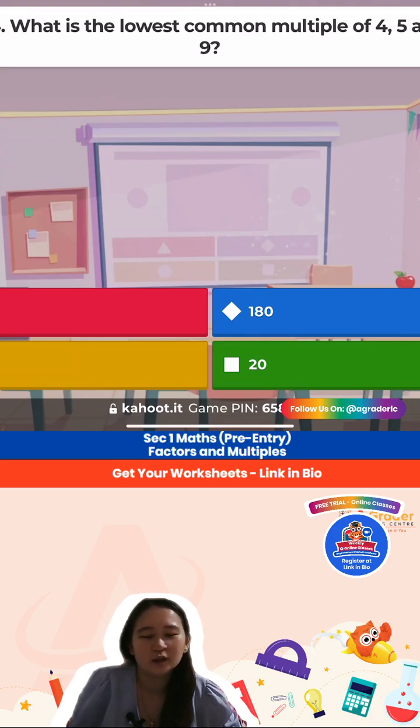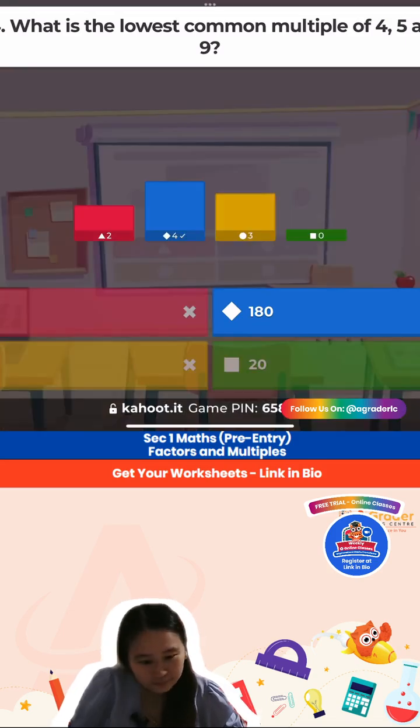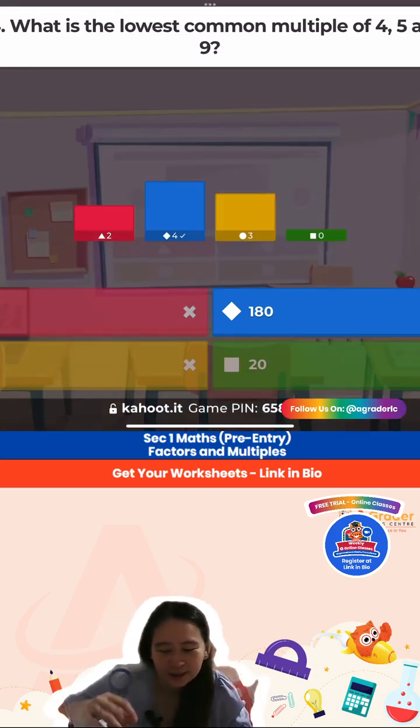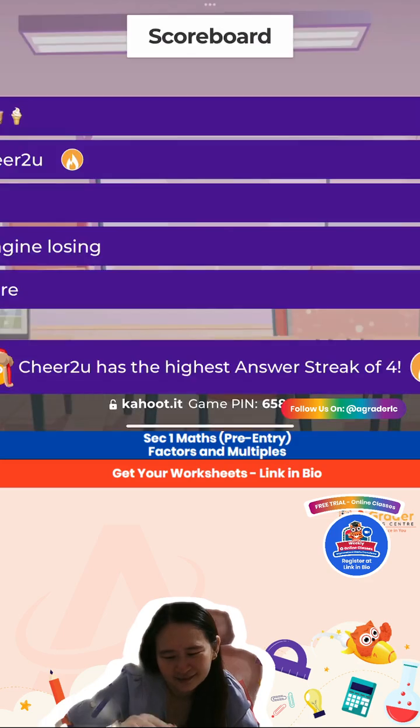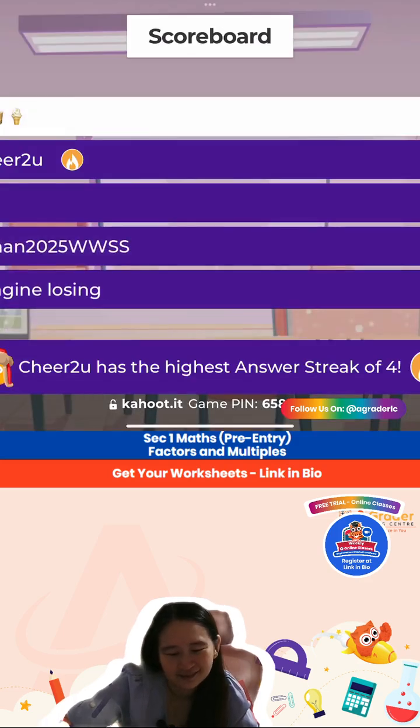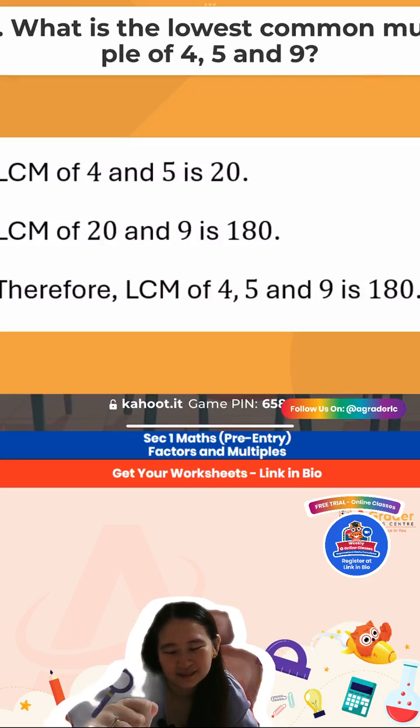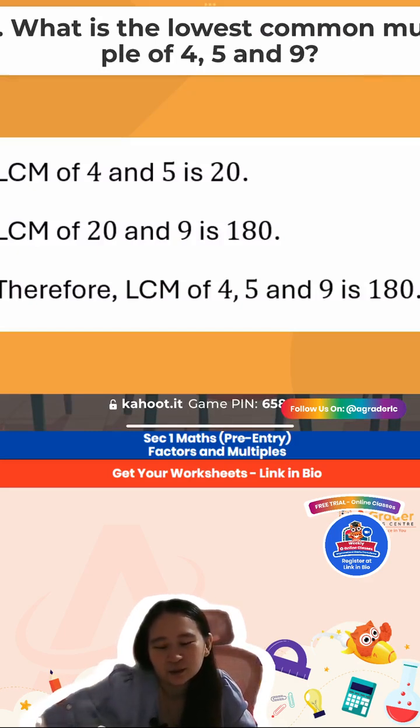What is the lowest common multiple of 4, 5, and 9? So the lowest common multiple of 4 and 5 is 20.